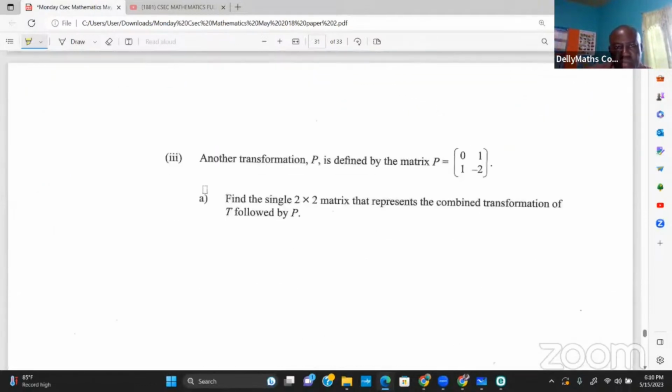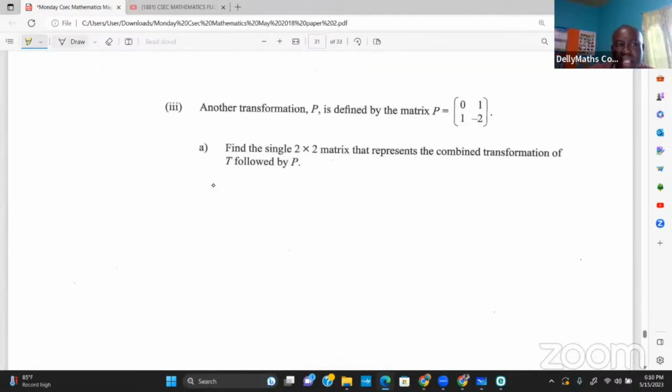Now, this question reads, it says, another transformation P is defined by the matrix. So P is 0, 1, 1, -2. So that's another transformation.